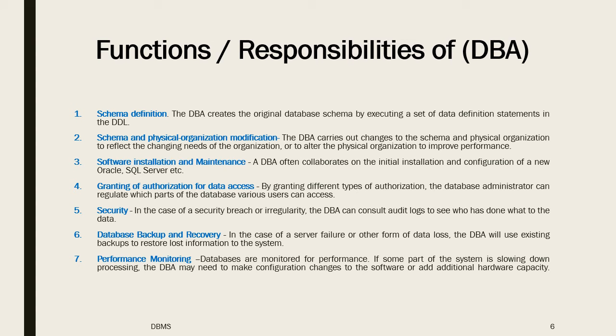Now the functions and responsibilities of the DBA. The first is the schema definition. The DBA creates the original database schema by executing a set of data definition statements in the DDL. DDL is the data definition language. Now what is a schema definition? Suppose I want to save the student data. What will the student have?